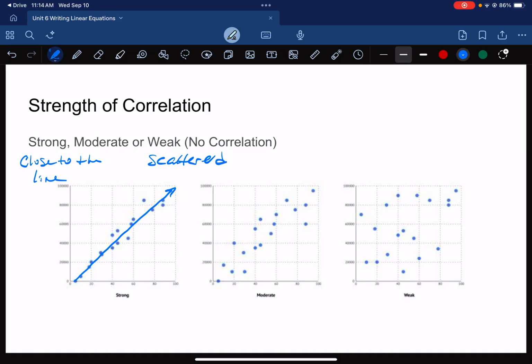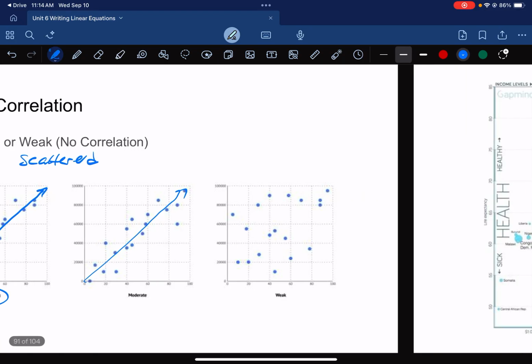Okay. So you've got one that's very strong. You can see the moderate. They're loosely in linear form, but they're very far away from the line. And then this is just a weak correlation. I can't even begin to draw a line that represents these dots because they're just so scattered.